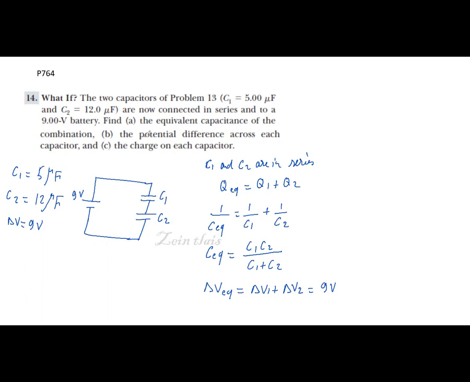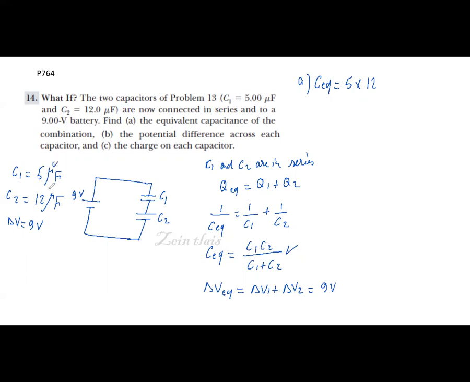First of all, I have to find the equivalent capacitance. Part A. For the equivalent capacitance, we apply C equivalent equals C1 times C2 divided by C1 plus C2, equals 5 times 12.